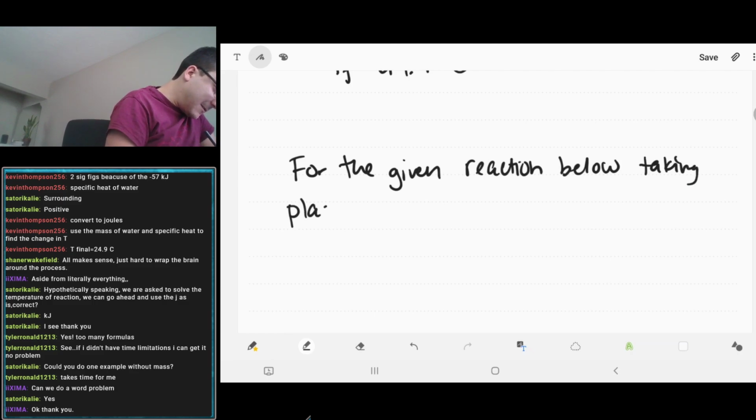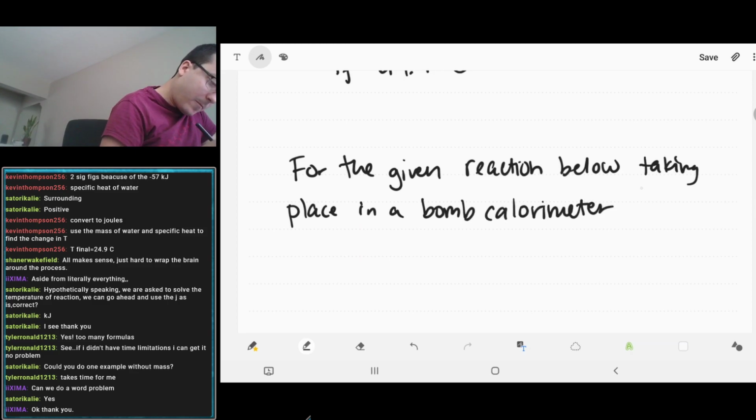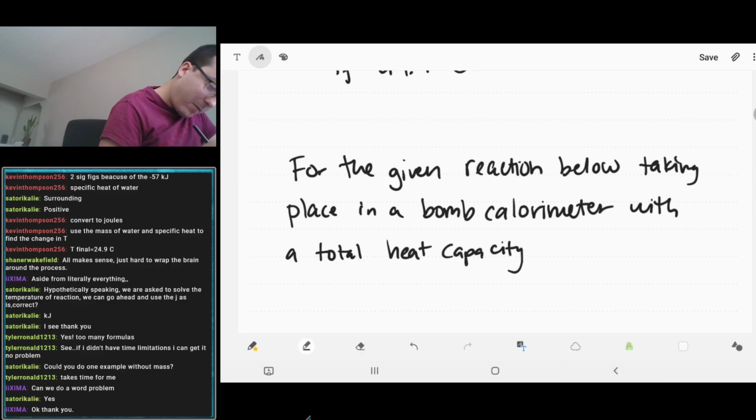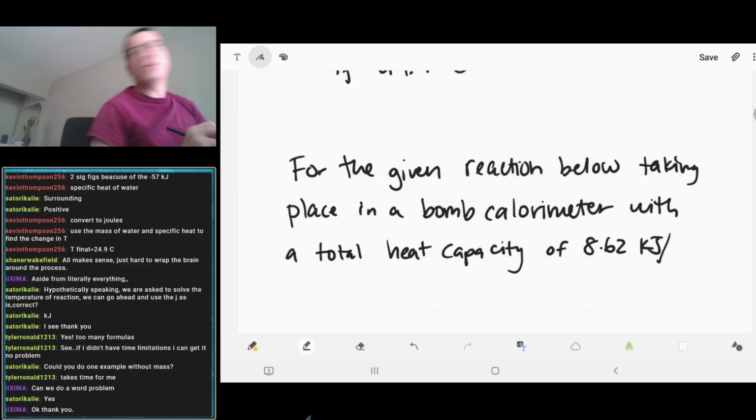Taking place in a bomb calorimeter. Are these usually given in kilojoules?